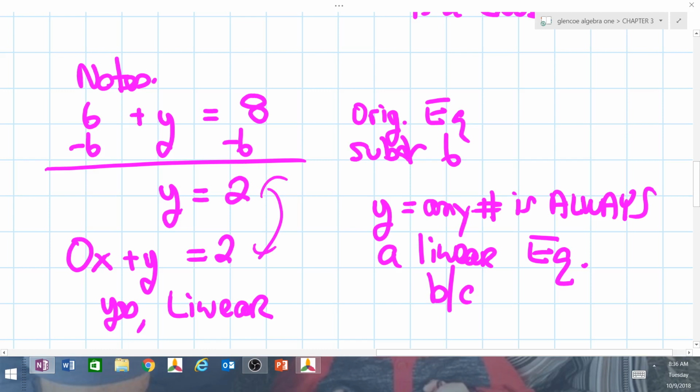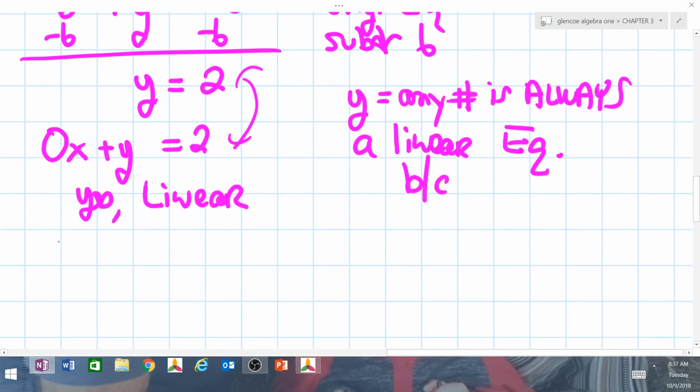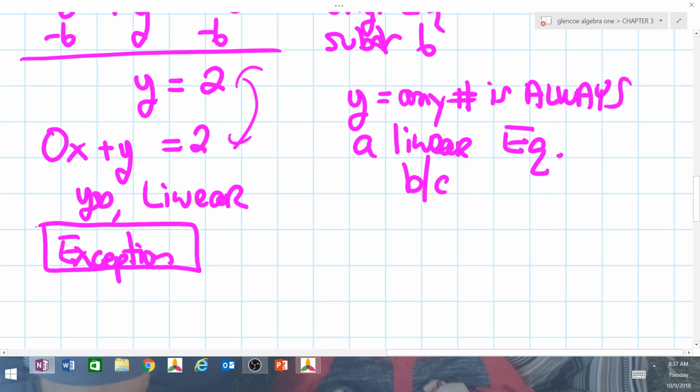So I need you to make sure you add in your notes: whenever you see an equation, y equals 4, y equals 10, y equals 0, y equals negative 3, whenever the equation is y equals a number, it is a linear equation. The exception: if you remember when we studied functions back in chapter 1 or 2 and looked at the graphs and used the vertical line test, y equals 2 is going to be graphed as a horizontal line.